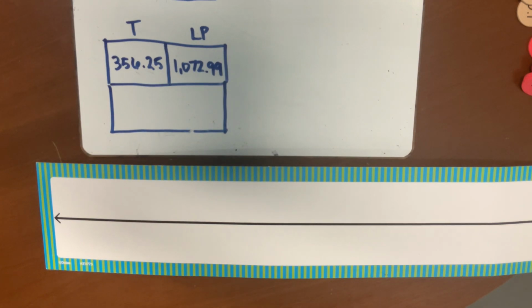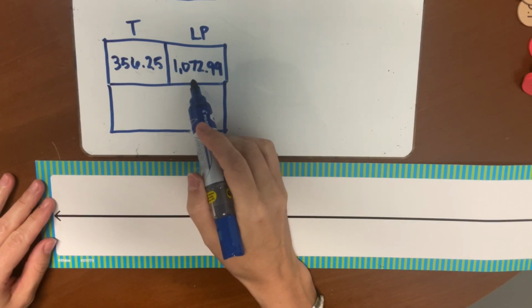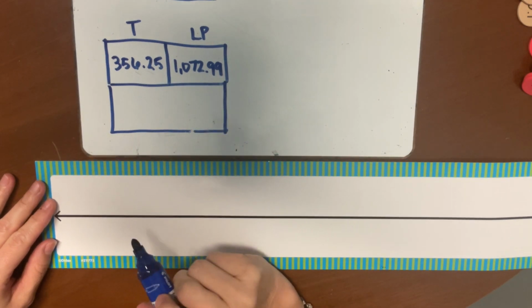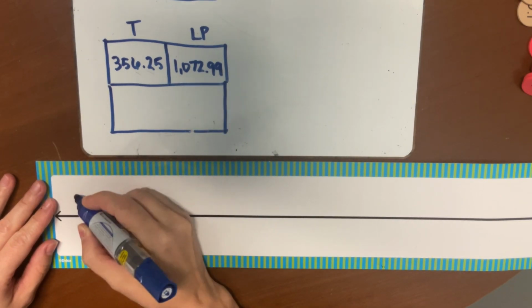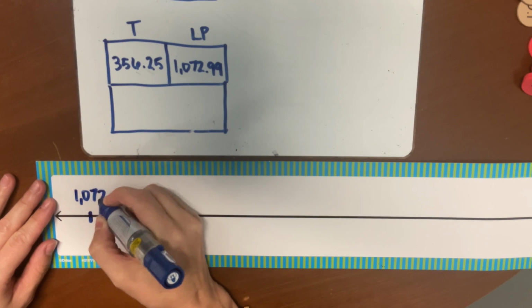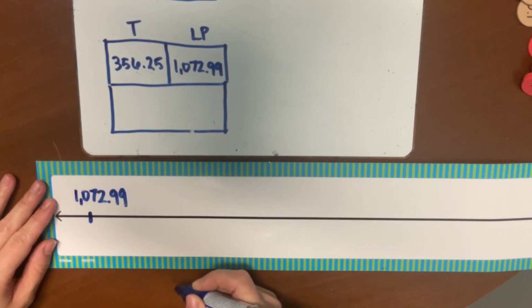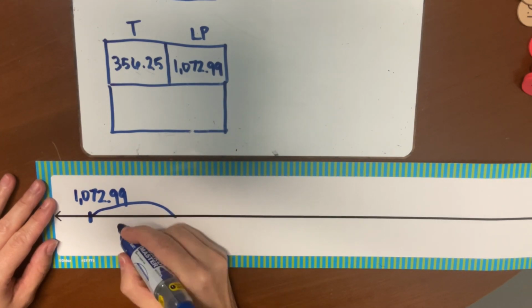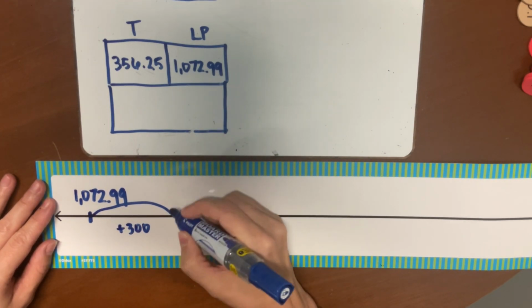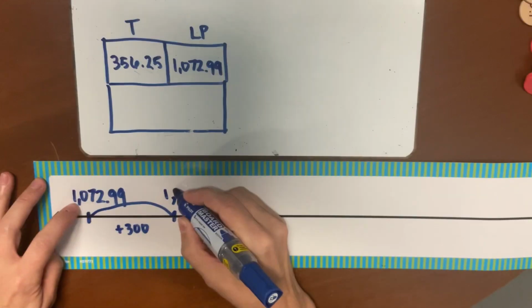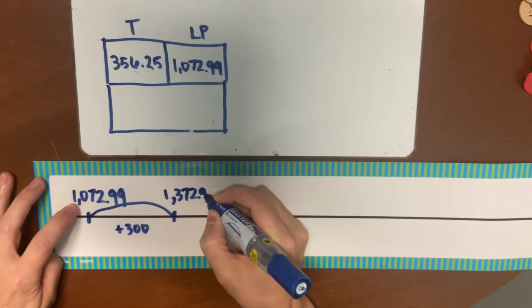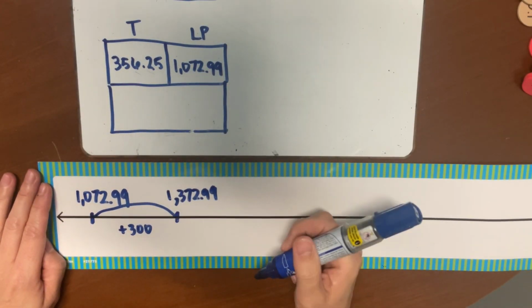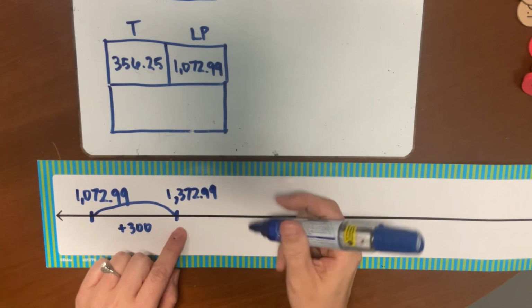With my number line, I'm going to add up in chunks. I think I'll start with the laptop amount because that's more and I have less chunks to jump up. So I'm just going to start at $1,072.99. And if I jump 300, so this is plus 300, I am now at $1,372.99. I didn't have to start with 300. I can start with any number. 300 is easy.